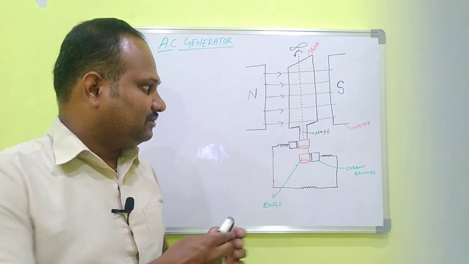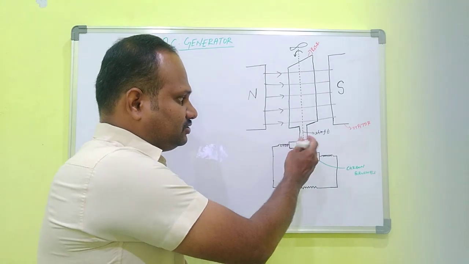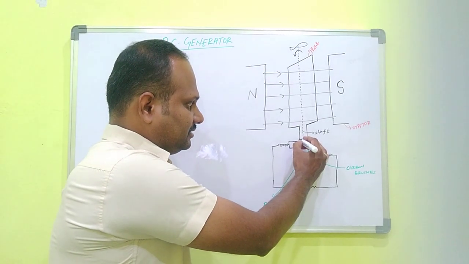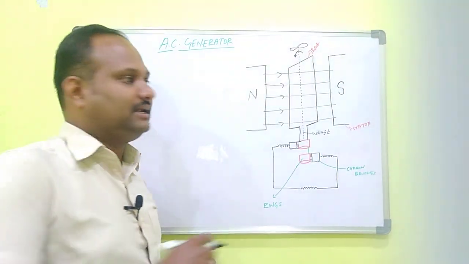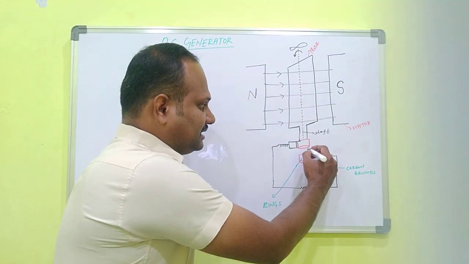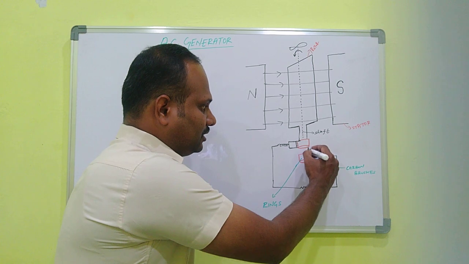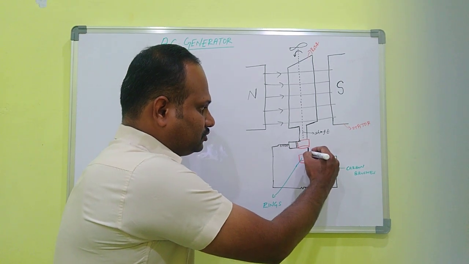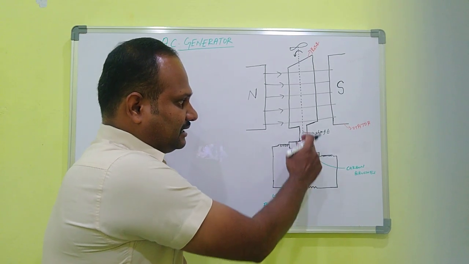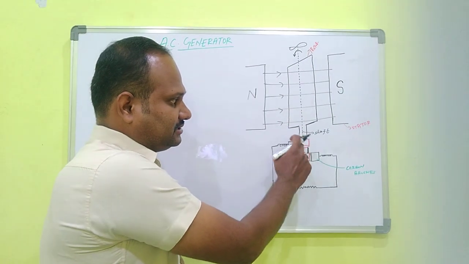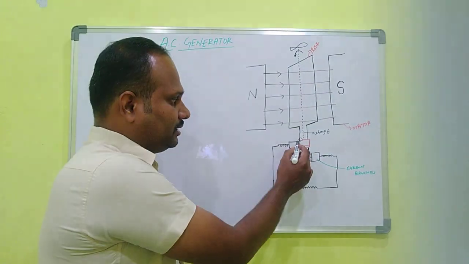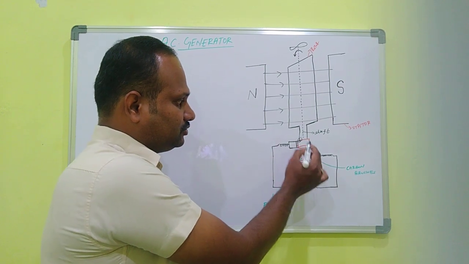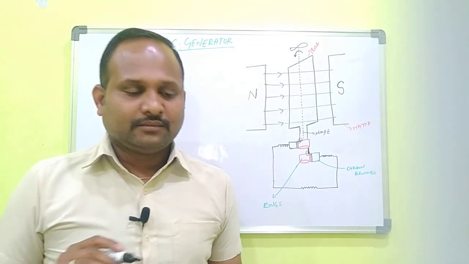One ring is connected to one end, and another ring is connected to another end of the rotor coil. Look at the diagram. Here one end, here another end. So the two rings are connected.